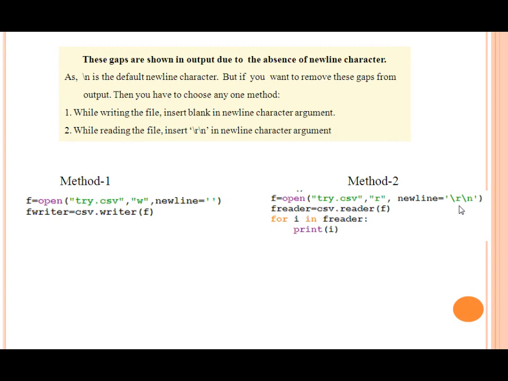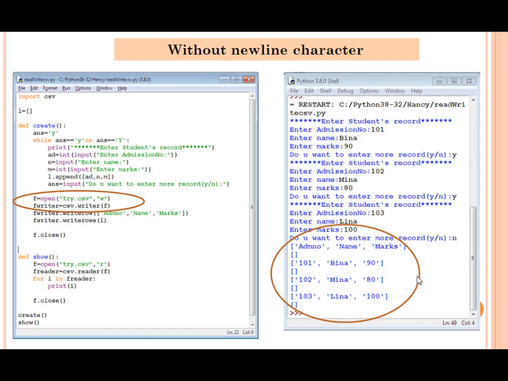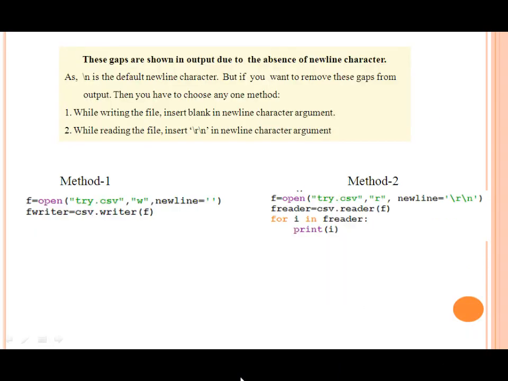As I am working on Windows, my EOL characters are \r\n. So I have used that. Once you use this newline in reading of the CSV file, it will never give the blank spaces like this. Okay. So you can choose either method 1 or method 2.